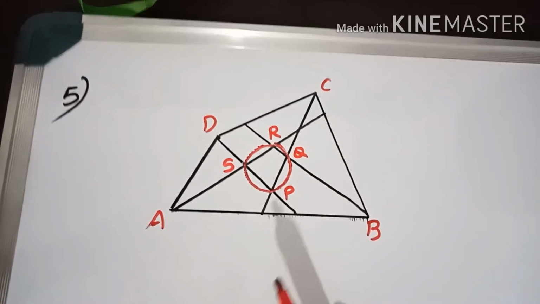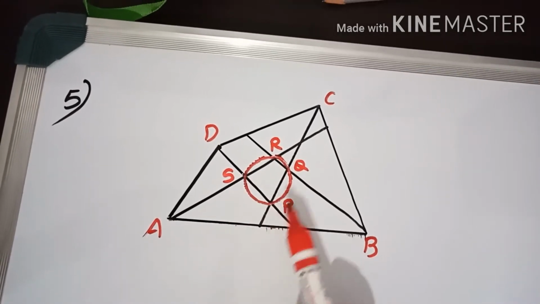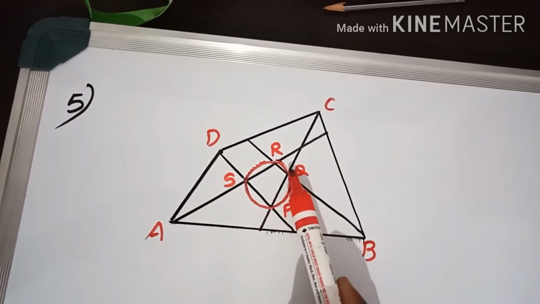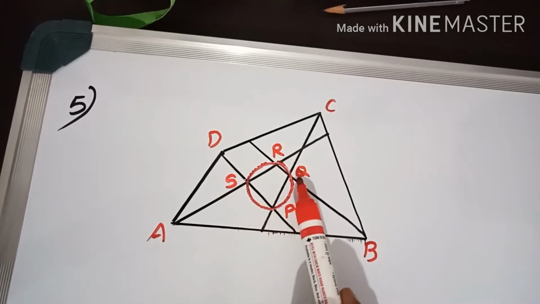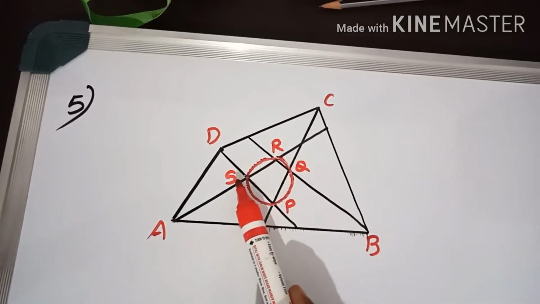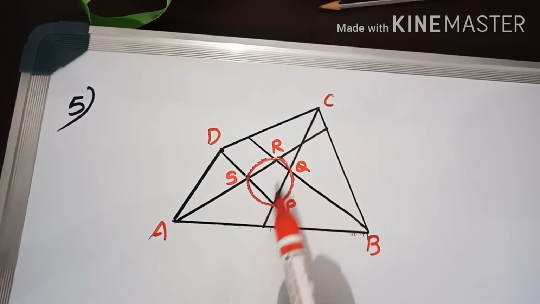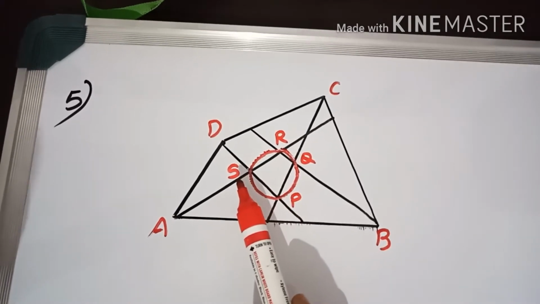Now we get one quadrilateral inside this, PQRS. We need to prove that this PQRS is a cyclic quadrilateral.